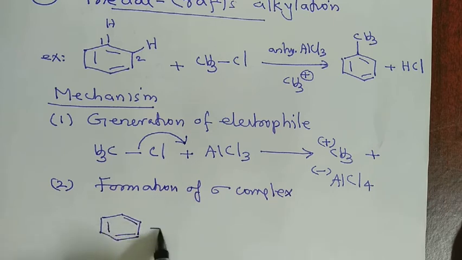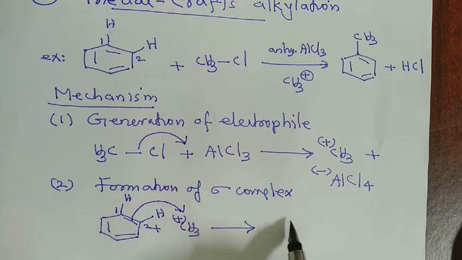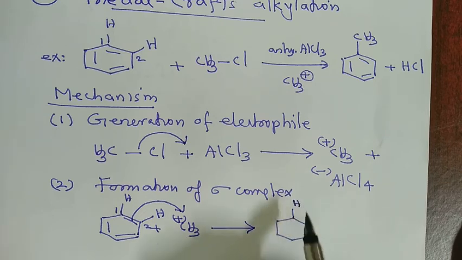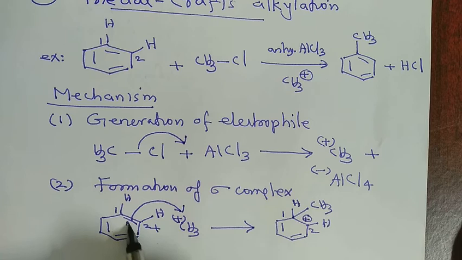When methyl carbocation approaches one of the ring carbon atoms, say first carbon atom, it makes a sigma bond with the positively charged carbon of methyl carbocation to form a resonance stabilized intermediate carbocation. It is called a sigma complex. These pi electrons are used to make this sigma bond. It is stable due to resonance.